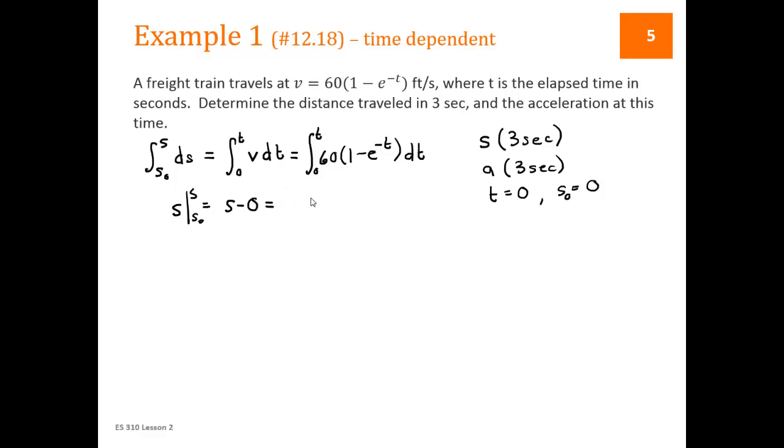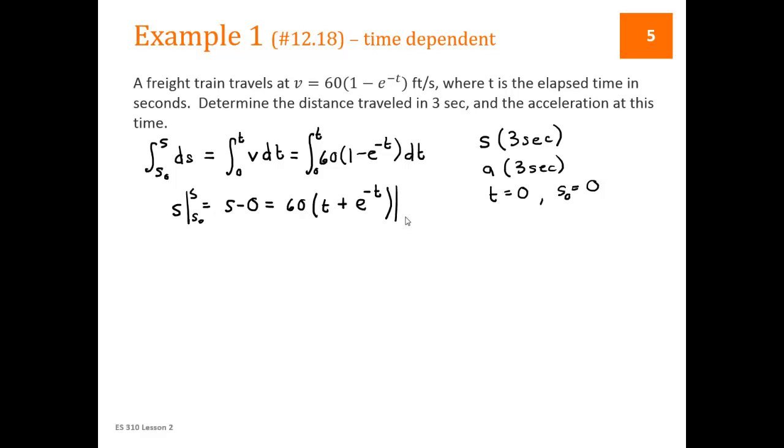It's equal to 60, a constant, times the integral of 1 dt, which is just t, and the integral of negative e to the negative t is positive e to the negative t, right? So the negative 1 comes down, e to the negative t stays the same. That's our integral of e to the negative t.